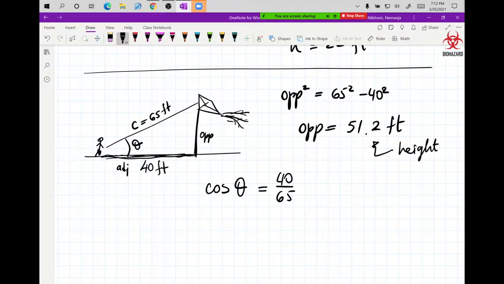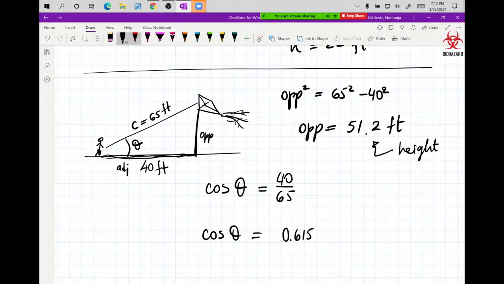Yay! So after dividing 40 by 65, we are going to have, now leave the space, remember, leave some space, 0.615.